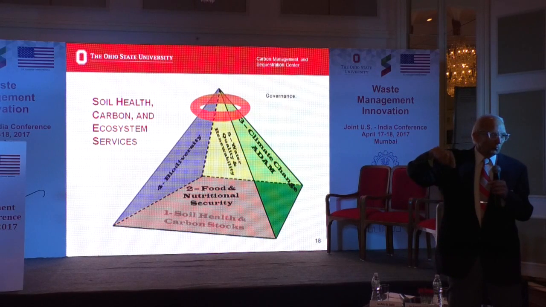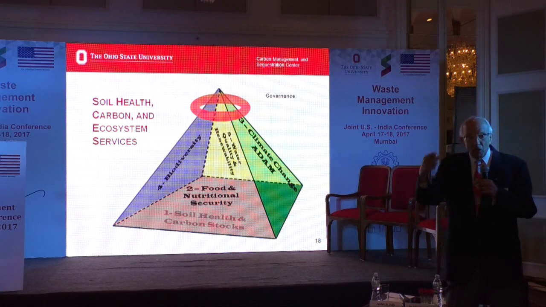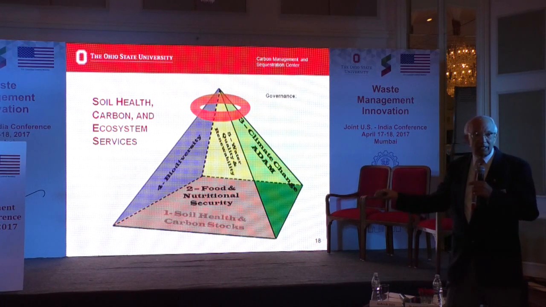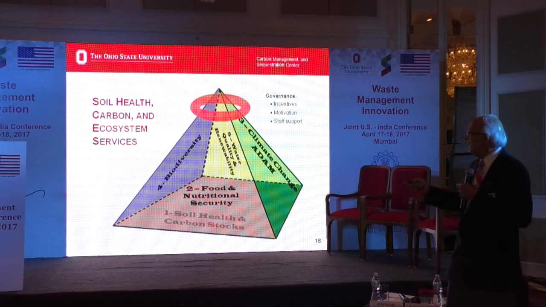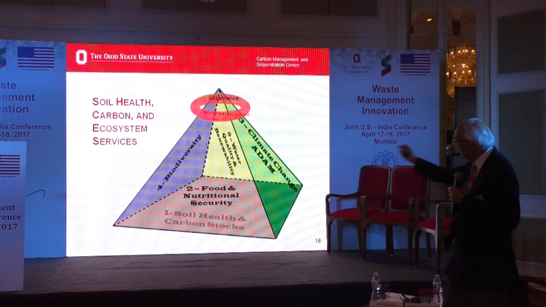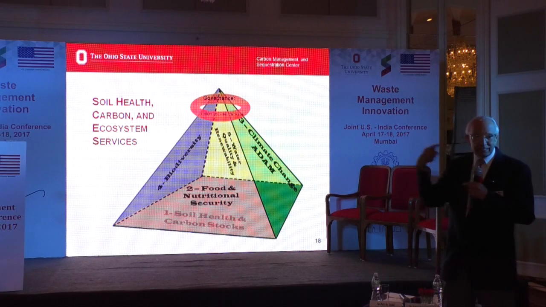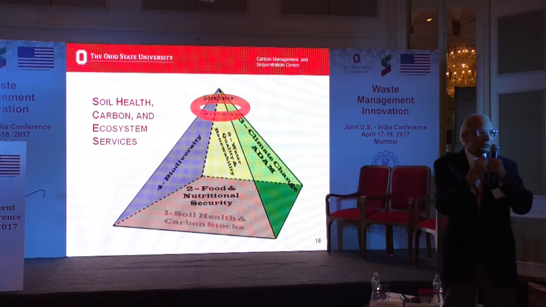I wish the politicians who opened the conference were present when we started talking, but they left immediately after. Because the policy maker has to translate the science into action. And that governance is incentive provided to the landowner, the motivation, the support services to be provided, extension, and so on. And it is this governance of all that mechanism that gives the stability to the whole thing.